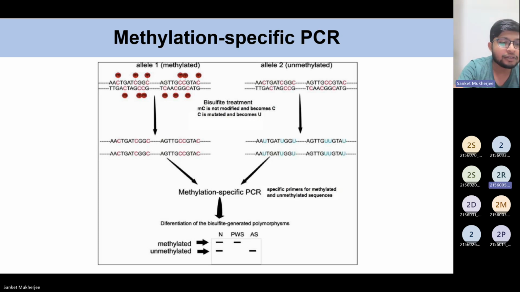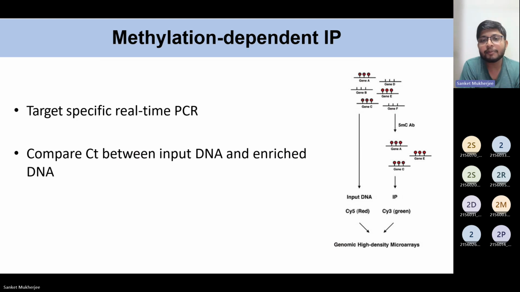Right, correct. You're right. So methylation dependent immunoprecipitation is something we can do. Wherever there is methylated DNA, we can create an antibody which is specific to this methylated DNA. It will bind to this methylated DNA, and then we can cause its precipitation because we will then add another antibody which will be specific to this antibody, and it will cause that kind of DNA to get precipitated.